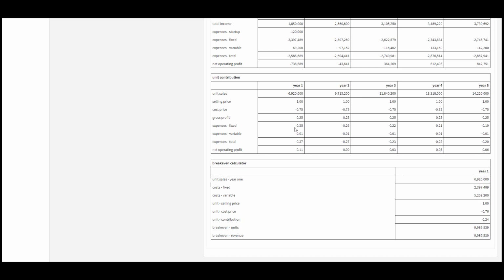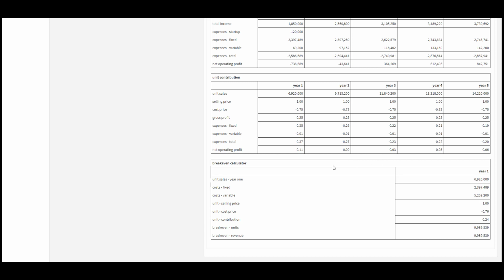The fixed expenses will obviously reduce over time, because as volumes go up and as revenue goes up gross profit absorbs those costs. The variable expenses will remain the same, because that was the 1%, remember, of turnover that we added in the expense item. So you can see the total expenses come down over time, and of course the net operating profit will go up.